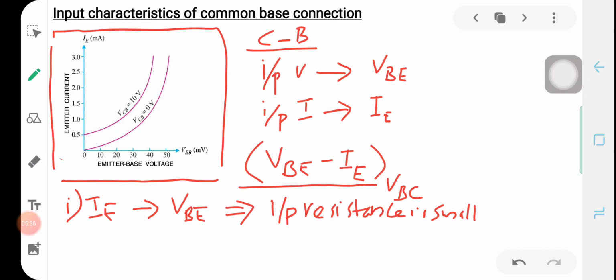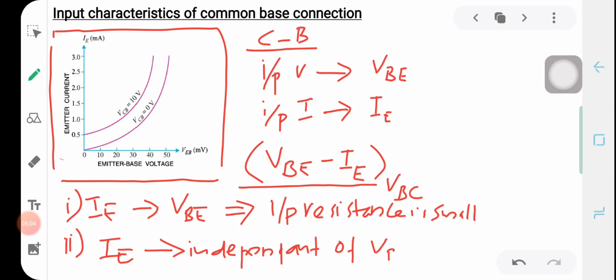There is not much difference in the variation of IE with VBE for different values of VCB. So we can say that the emitter current IE is almost independent of VCB, that is, the collector base voltage.